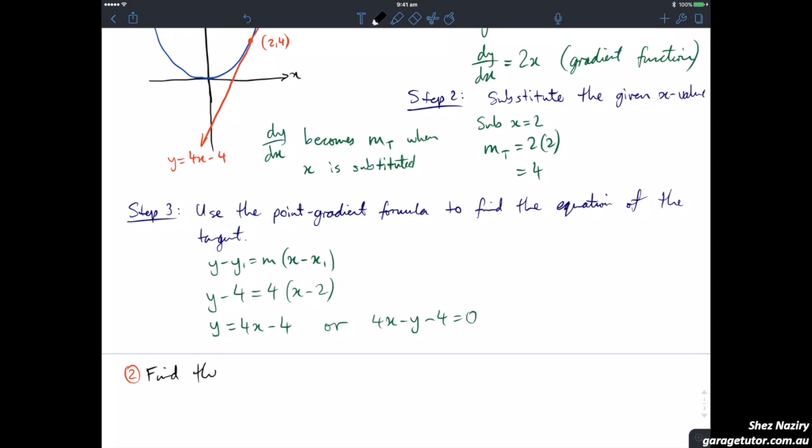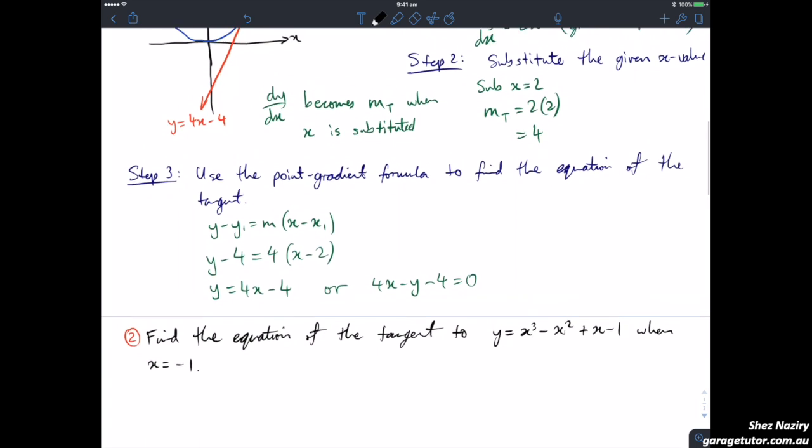So find the equation of the tangent to y equals x cubed minus x squared plus x minus 1 when x equals, let's say, negative 1.